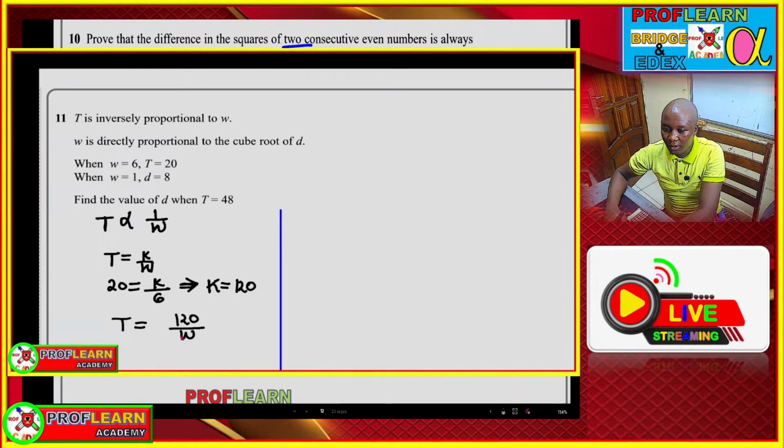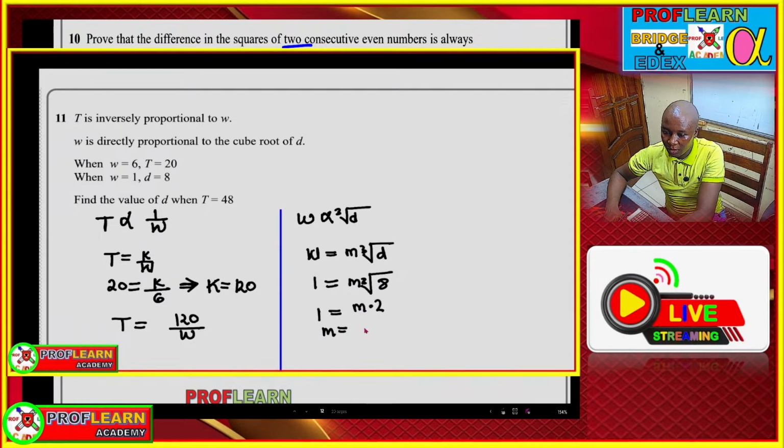But further we are told that w is directly proportional to the cube root of d. So which means we can say w is equal to, we introduce a constant there, m cube root of d, and then at that given point we are told when w is 1, d is 8, so we can say 1 is equal to m cube root of 8, which is basically times 2, and which means that m is equal to a half.